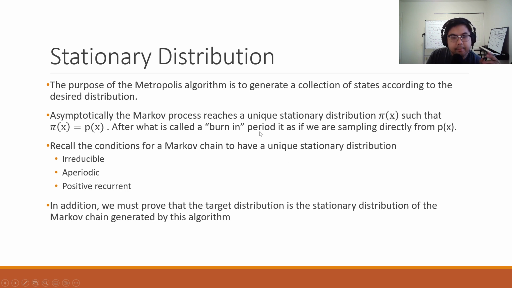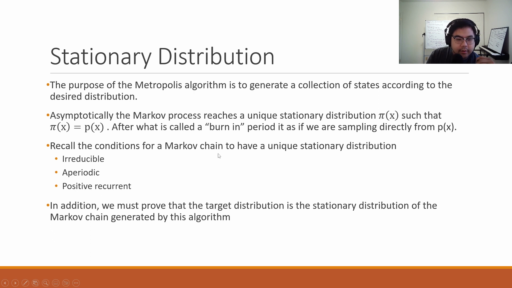After what is called a burn-in period, notice it doesn't converge right away. After one iteration, it's not going to resemble the posterior. So we have this burn-in period where we sample for a period, and then we discard it, and then it is as if we're sampling directly from the posterior.